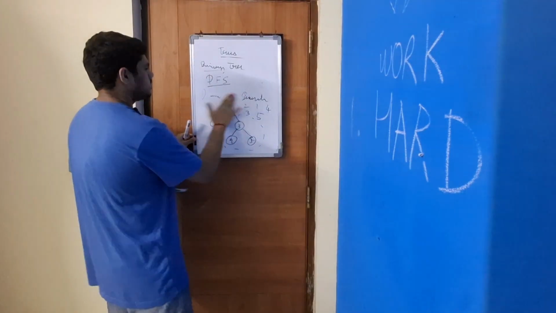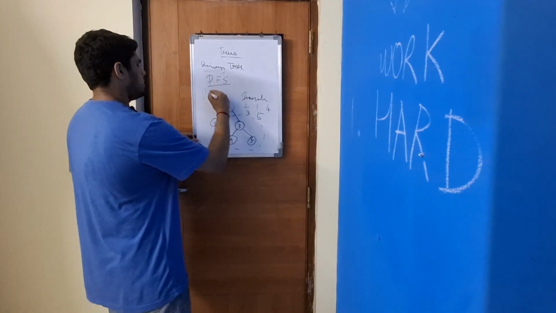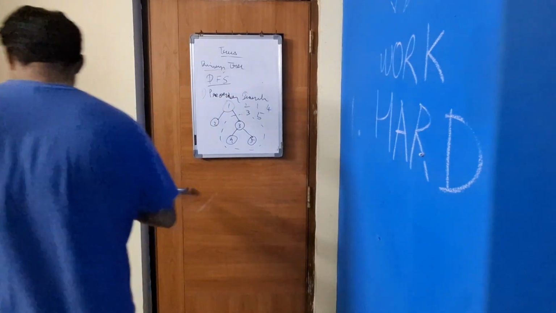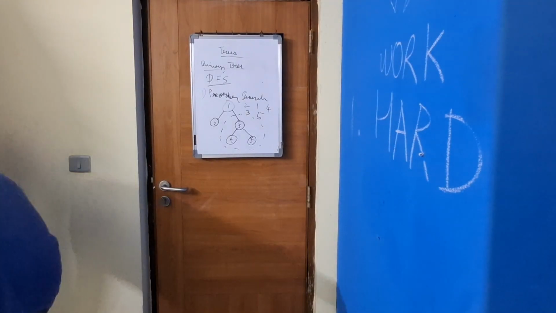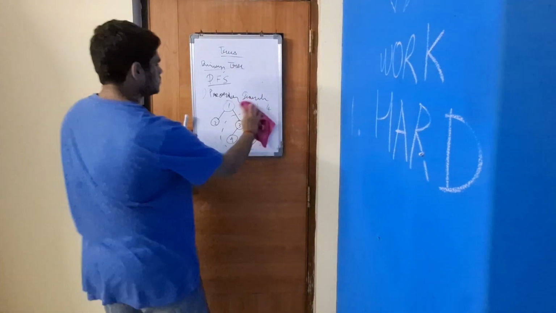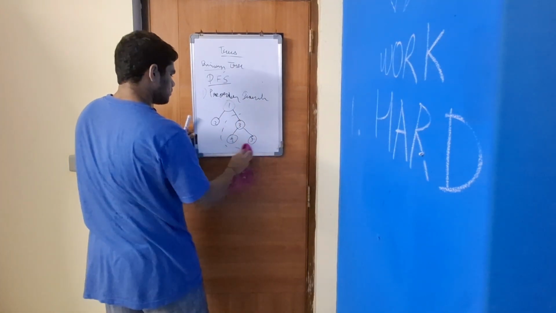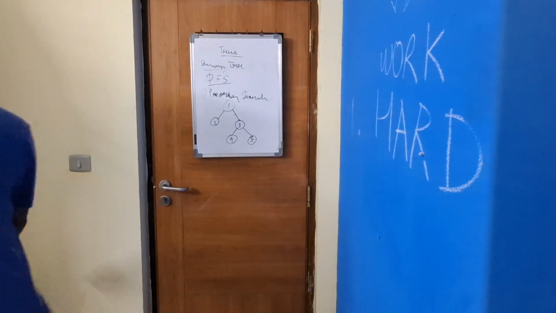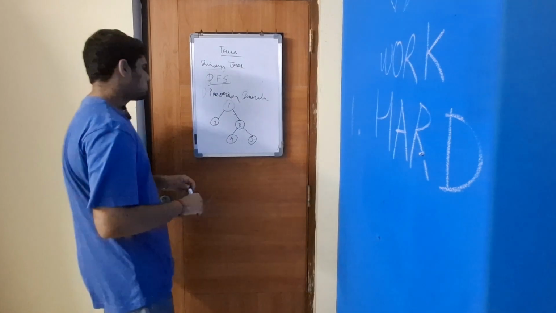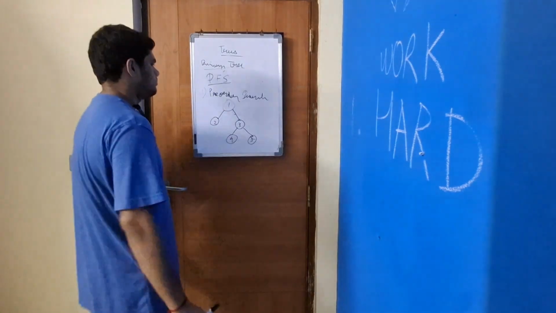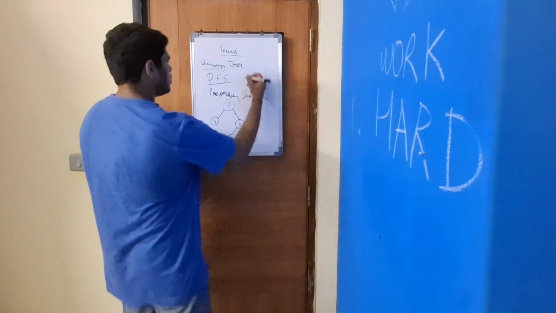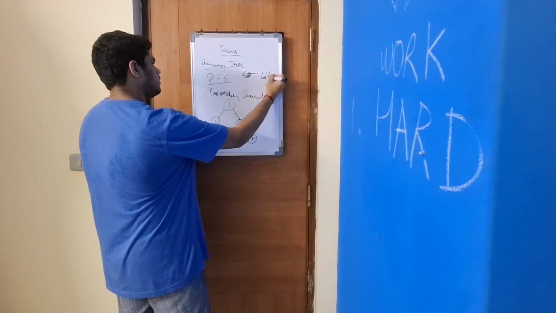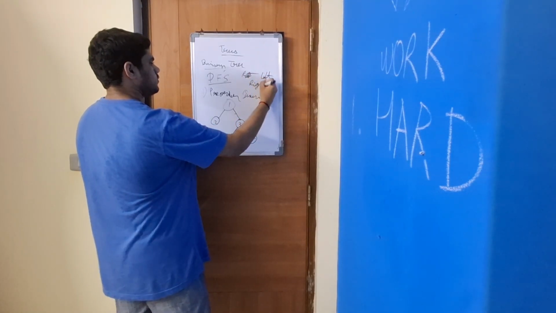So let's move to the next thing, which is pre-order search. In pre-order search, we take the root node first, then the left node, then the right node.